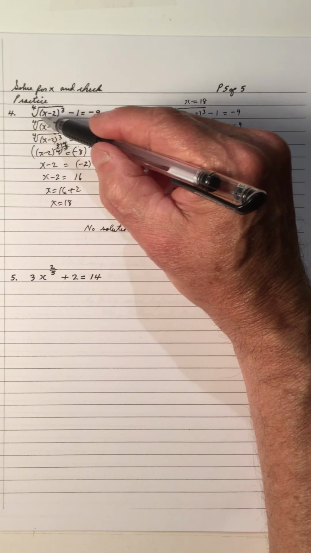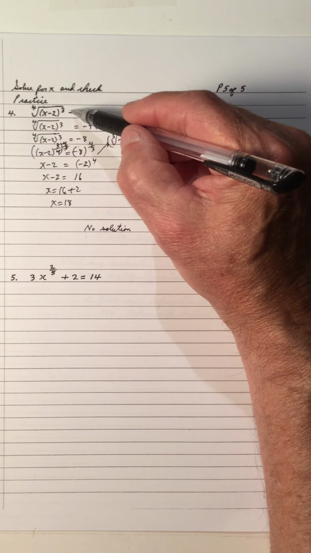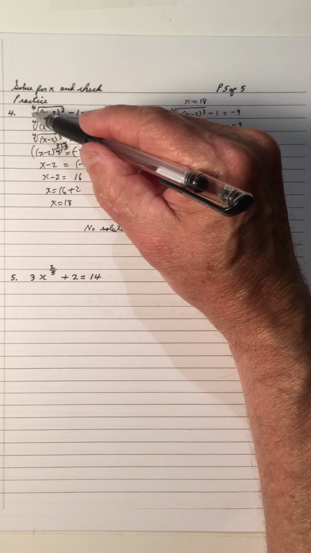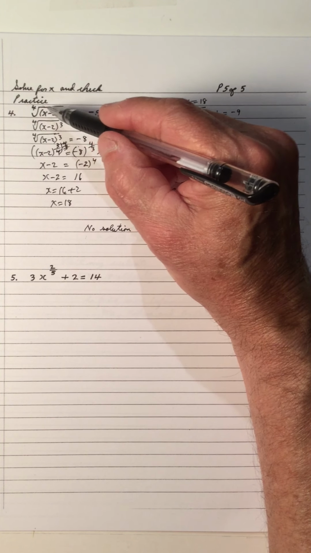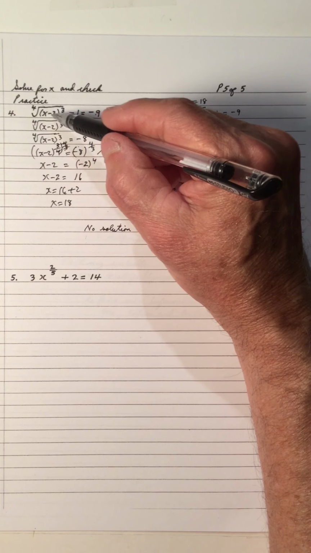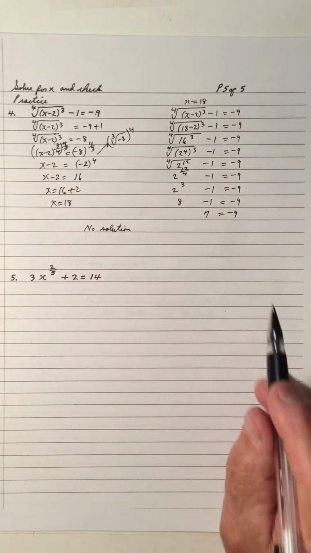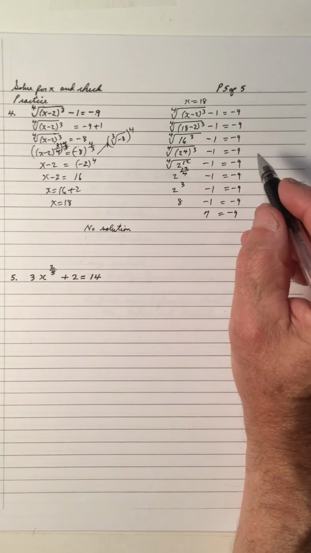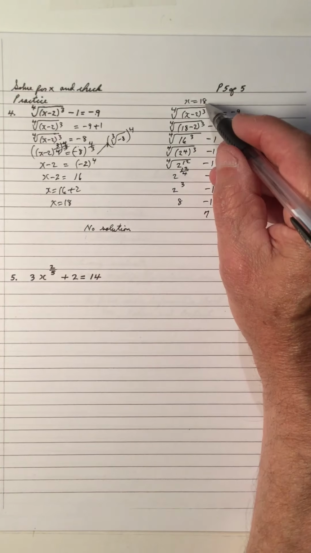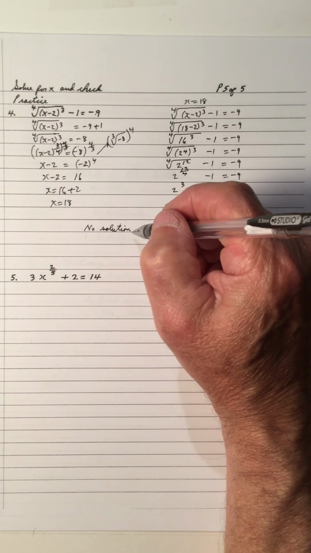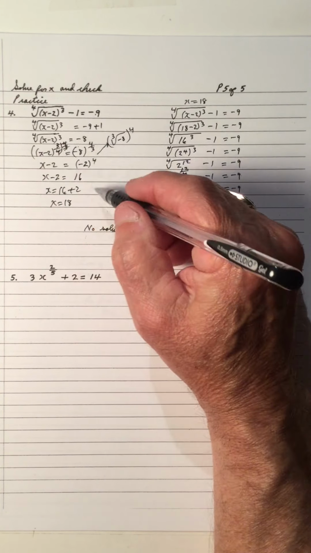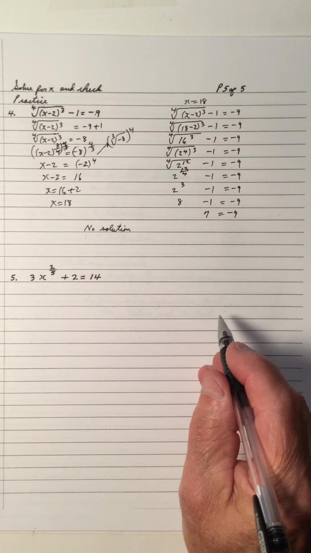In order to get negative 9 here, this has to be a negative 8. But this is impossible because the fourth root of any number is always positive. So that's why there's no solution. And checking it, it looks like everything is okay, but it didn't work. So there's no solution. No value of x will make this true.